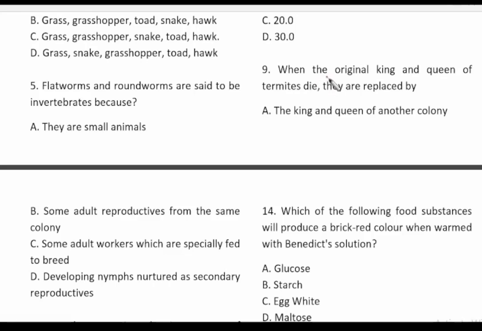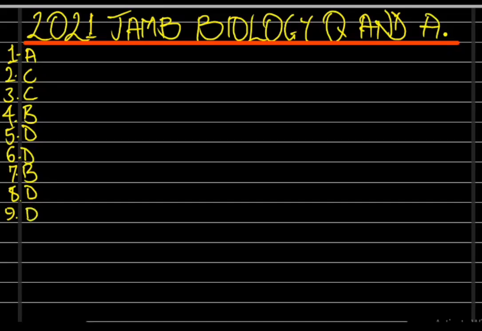What happens is that some of the nymphs, because it is usually a reproductive that develops into the king and the queen, are nurtured and will eventually develop into secondary reproductives, and from those secondary reproductives is where we now have the selection of those that will become the king and the queen. So that is the answer to question 9, option D.